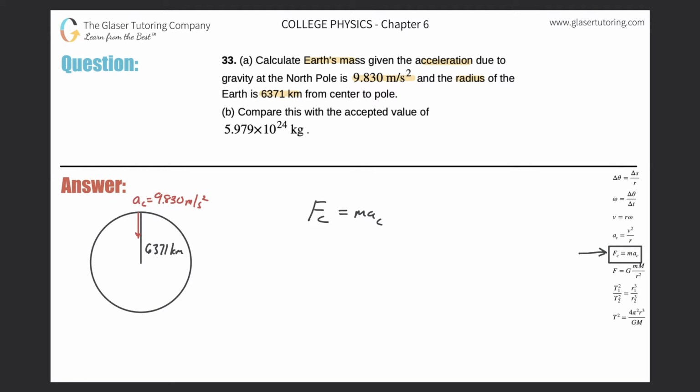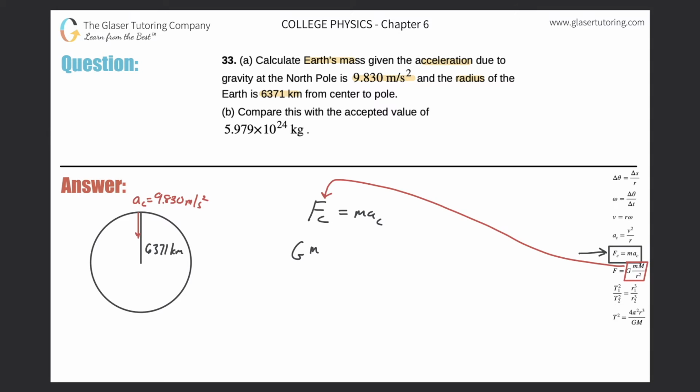Since this is related to gravity, and basically we're talking about the acceleration due to gravity, I can substitute this term in for F in my formula, okay? Because centripetal force here is really the force due to gravity, because they gave us the centripetal acceleration of gravity. Does that kind of make sense?